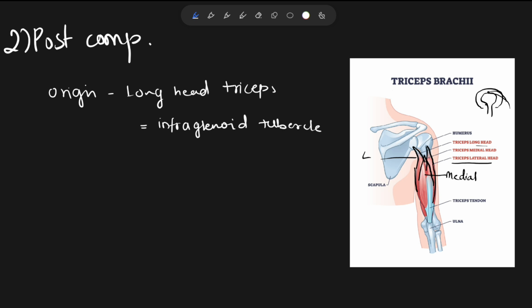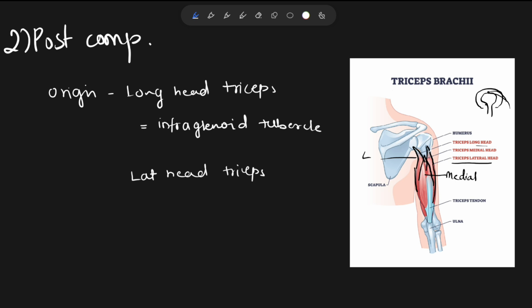Okay, now let's do our lateral head. Lateral head of triceps, what is the origin? This is the lateral head, and it is coming from where?